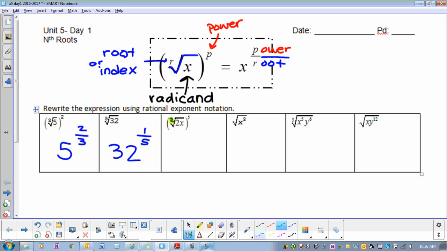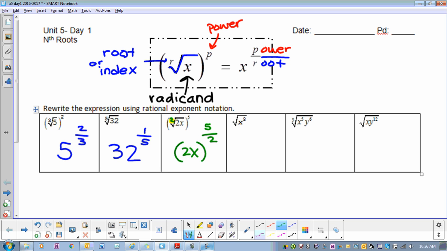Now, what's inside that radical? 2 and what? X. Good. You have 2 things inside the radical, right? So you got to make sure you put that in parentheses because you want to show that both of them came out of the radical. Now, to the power of, what's the power? Is that a 6 or 5? 5 over, what's the root? 2.